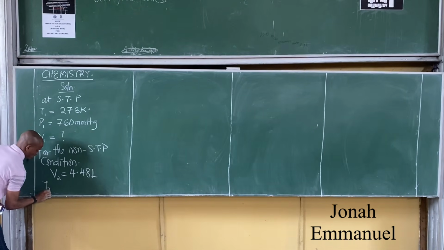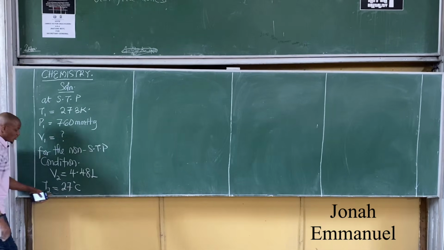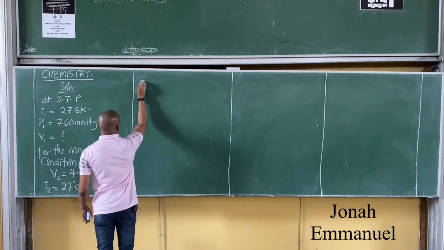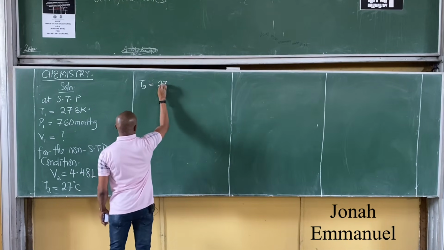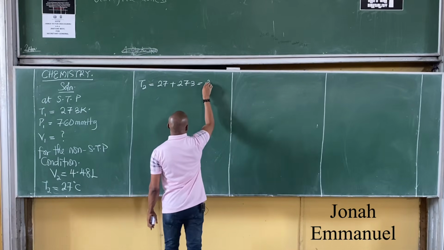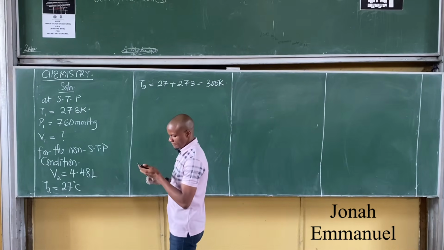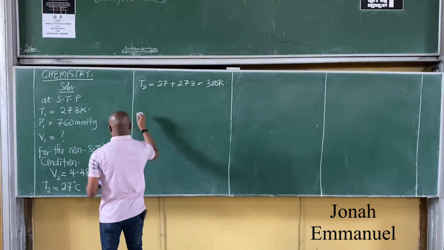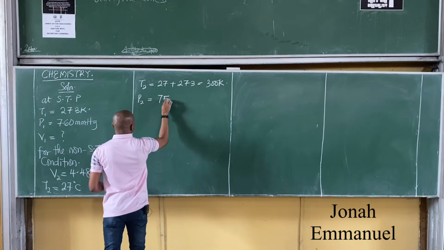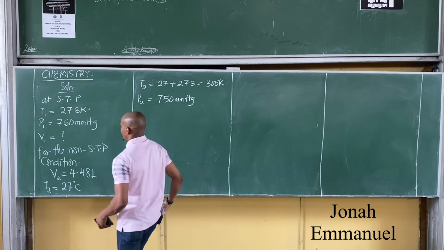They give you T2 as 27 degrees Celsius. Convert it to Kelvin. T2 is equal to 27 plus 273, which gives 300 Kelvin. P2 is 750 millimeters. Then find V1.